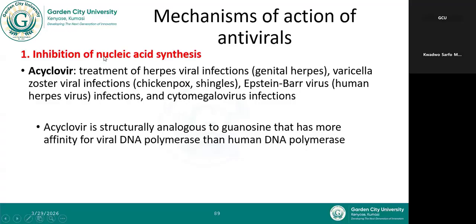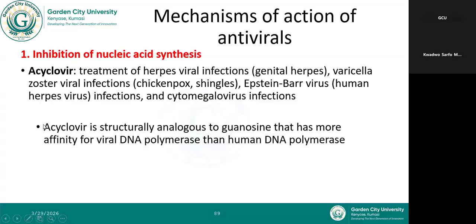So to inhibit the nucleic acid synthesis of such viruses, drugs like acyclovir are used for herpes viral infections, or for varicella, the chickenpox, or the shingles, the Epstein-Barr virus infections, the human herpes virus infections, and then the cytomegalovirus.